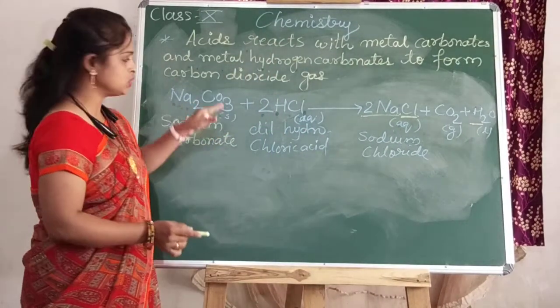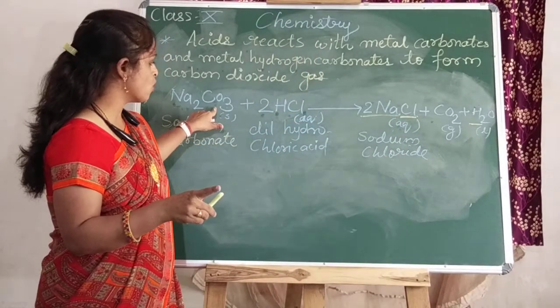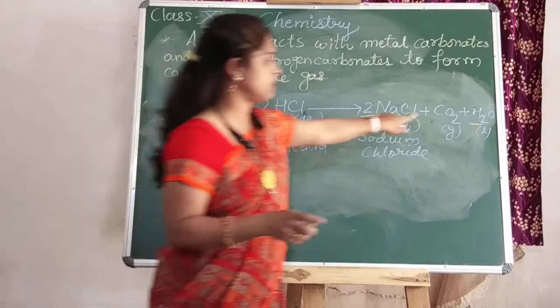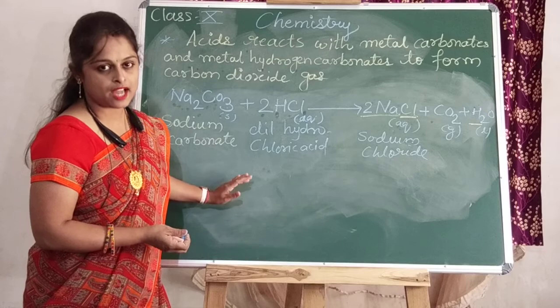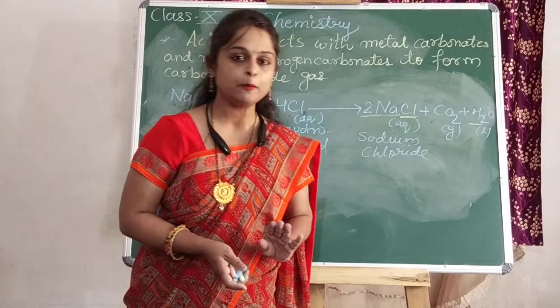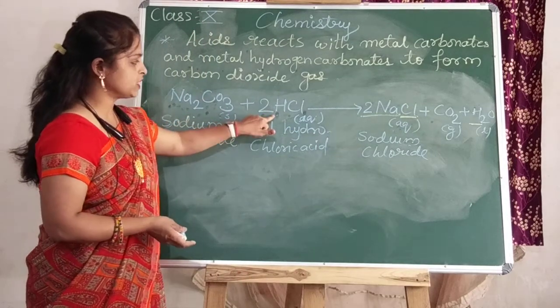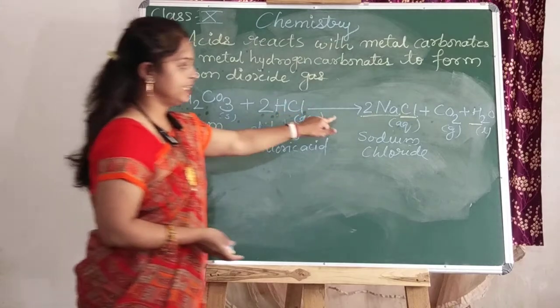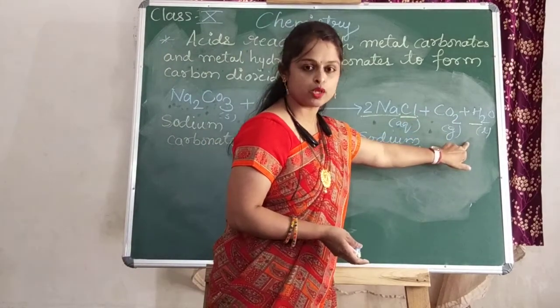We take out 2, that is CO2. What is remaining? 1 oxygen, which goes and combines with the hydrogen and they form the water molecule. This we call a balanced reaction. Have you understood how the balanced reaction is there? Okay. Come again. Sodium carbonate when it reacts with hydrochloric acid, it gives sodium chloride, carbon dioxide and water.